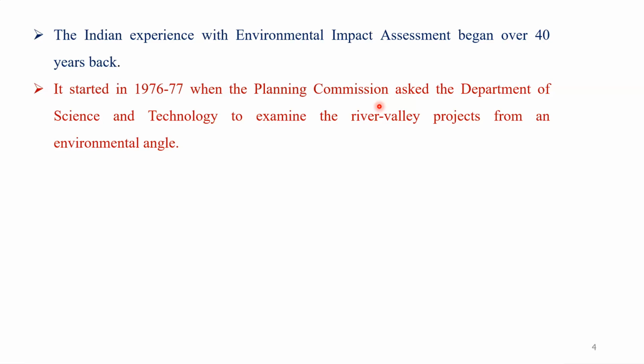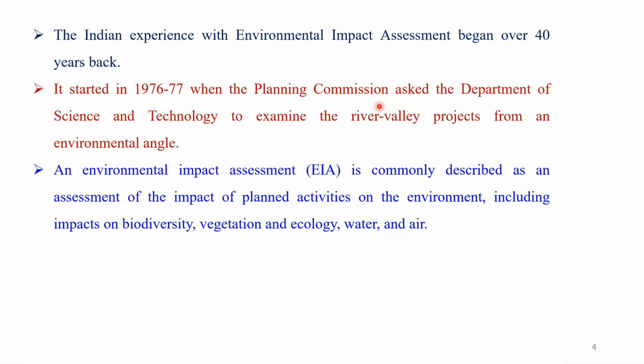If any side effect or negative effect was observed in the case of these projects, they would try to minimize it. We want economic development, but simultaneously we also require environmental balance, because both should go together in our country. Therefore, this is very important.